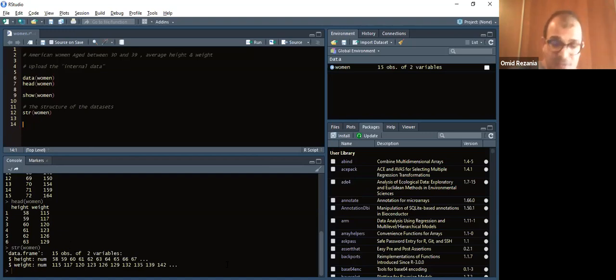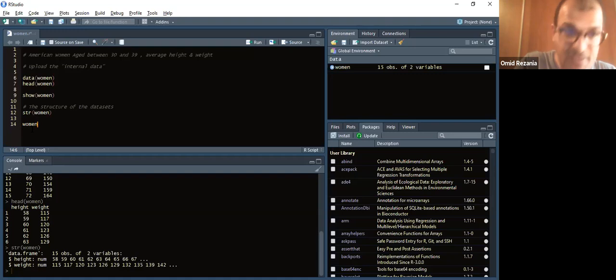The second thing we do is this. I'm just going to extract these two variables, the variables I'm interested in working with. Look at this: in the data frame, I have the dollar sign. What does it mean? For example, we have X, we have the height.